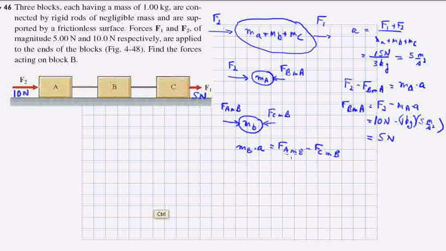I know what F of A on B is. I can figure out what F of C on B is.